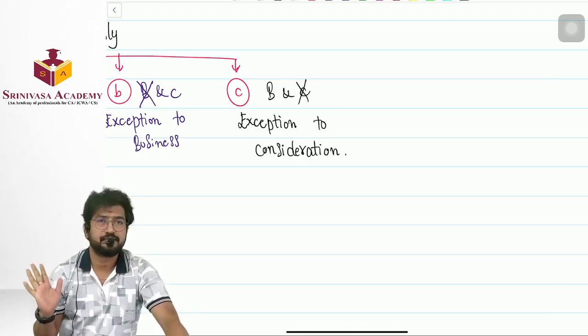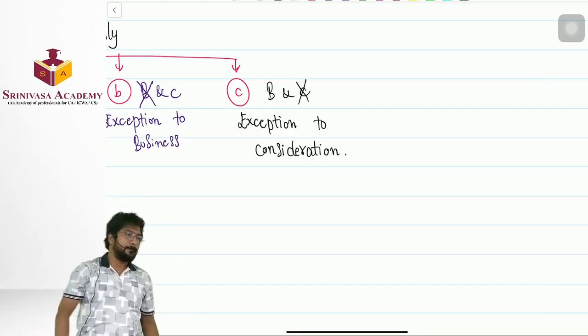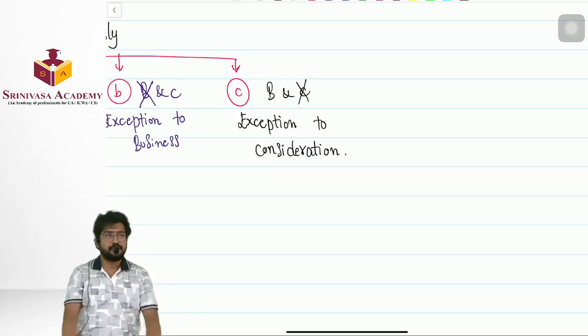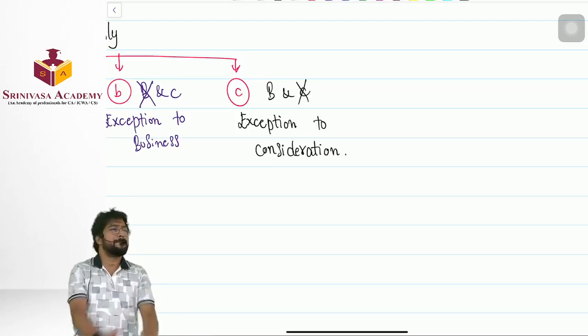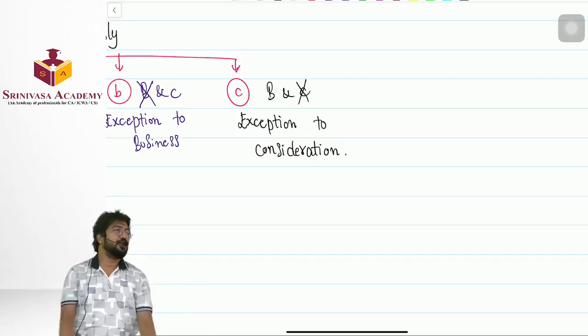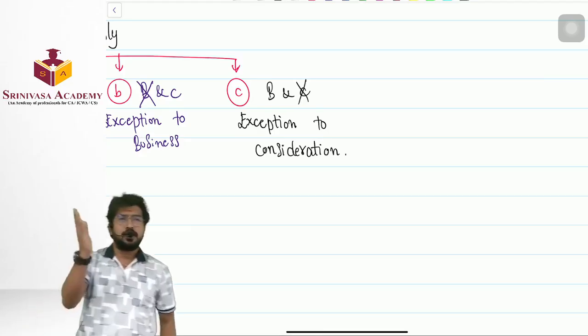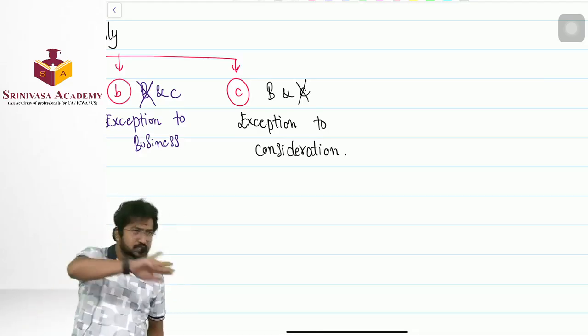Shall we continue? Second activity. What is the second one? Supply between related persons or distinct persons. Not related person to distinct person or distinct person to related person.